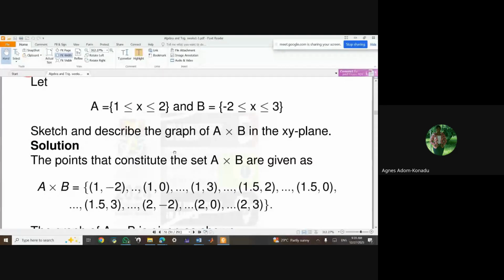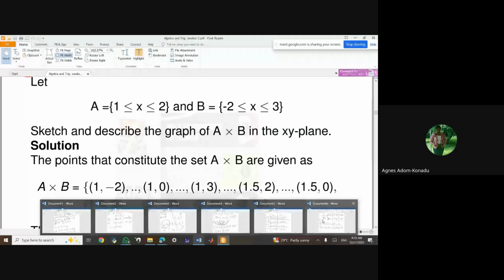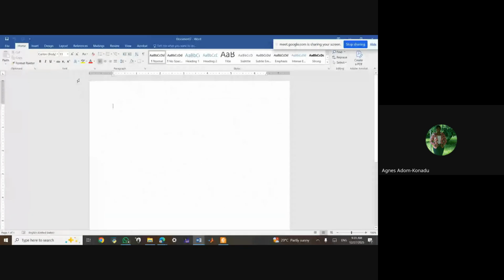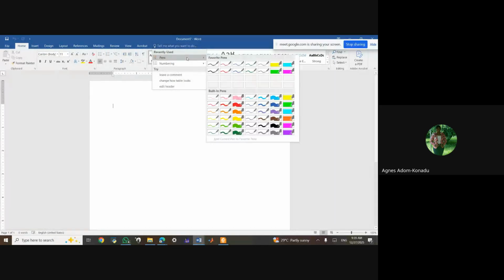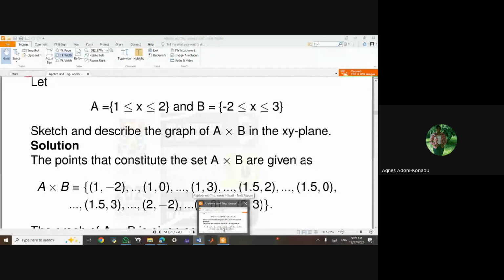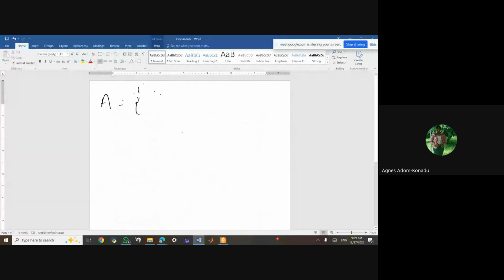So when I pick my A, we are told that A is equal to the set of x such that 1 is less than or equal to x less than or equal to 2.